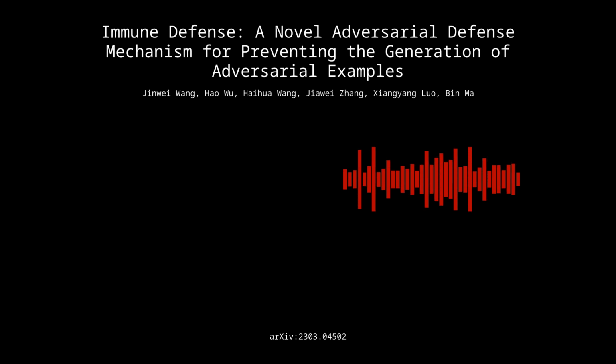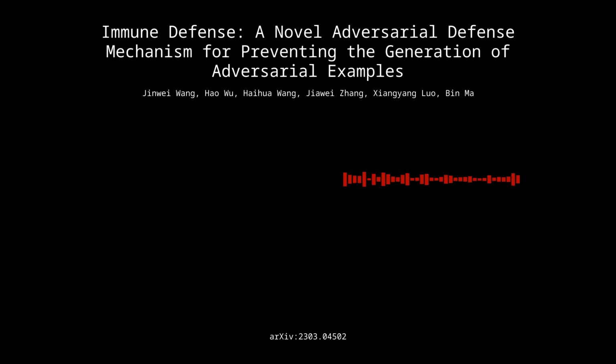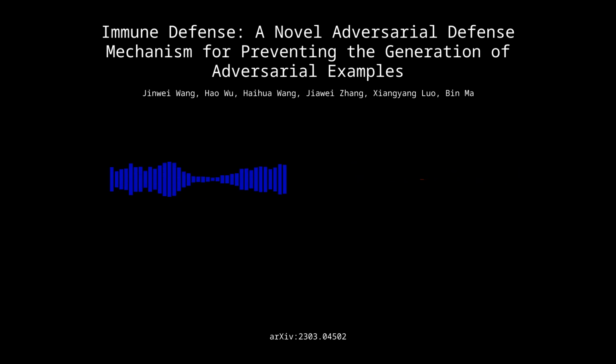Yeah, it's an ongoing arms race, right, as with any security measure. But this research really lays a strong foundation for future innovations in this area. Absolutely. They also conducted a thorough ablation study, where they examined the impact of various parameters on the performance of immune defense, and this provides some really valuable insights for researchers who are looking to build on their work.